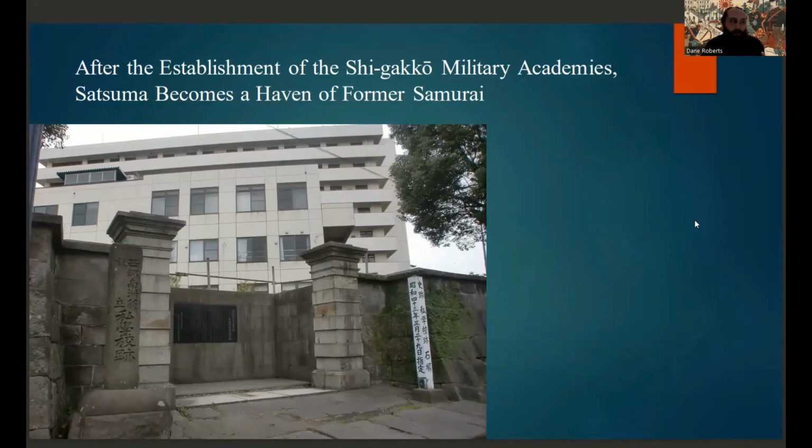So even though those rebellions were put down, that would not be the end of them, because for one thing, the Satsuma domain would establish several Shigakko military academies, allowing Satsuma to become a haven of former samurai.